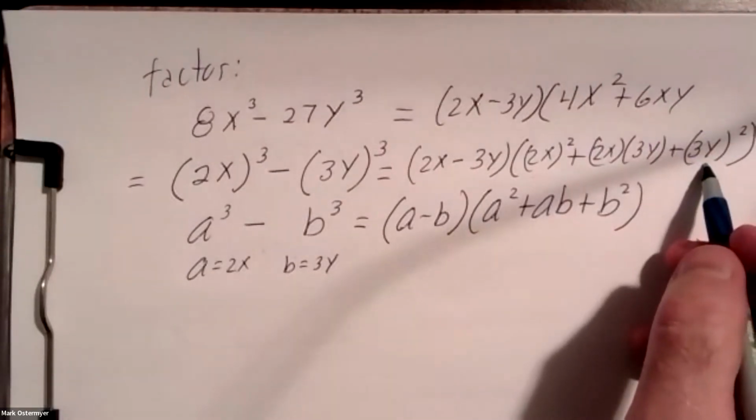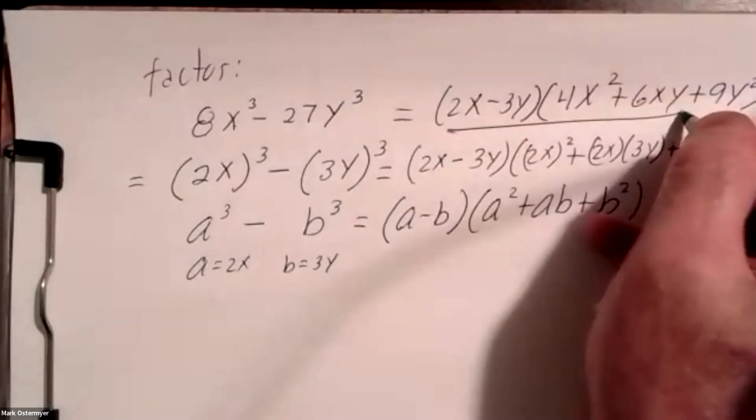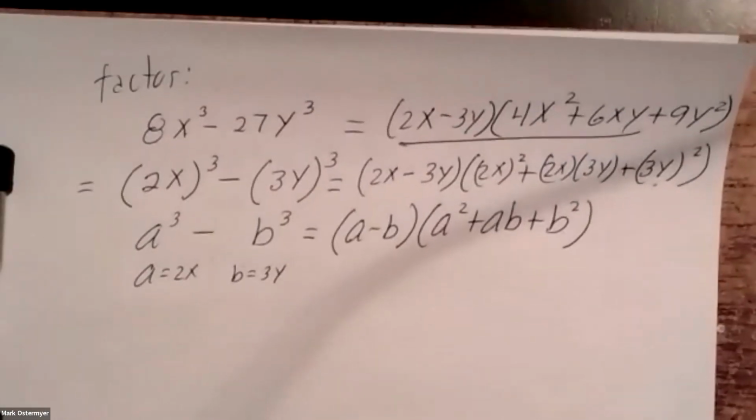What's 3y squared? 3y times 3y. 9y squared. Plus 9y squared. And that's it. And that would be the correct factorization of this difference of cubes then. See that? That's the factorization of 8x cubed minus 27y cubed.